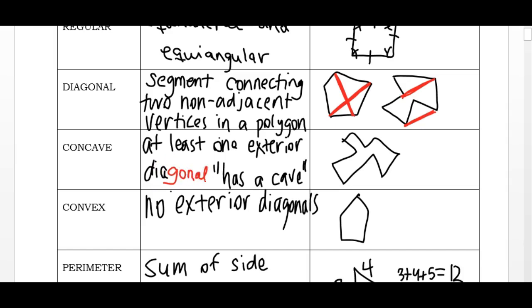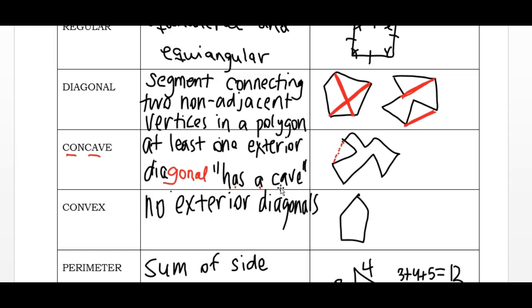Okay, so here, because there'd be an exterior diagonal, this is concave. And so the word concave means that it has a cave. So anywhere where it goes in on itself, that is a concave polygon. A convex polygon means there's no exterior diagonals. So there's no caves in the shape. It's all of the corners kind of point outward.